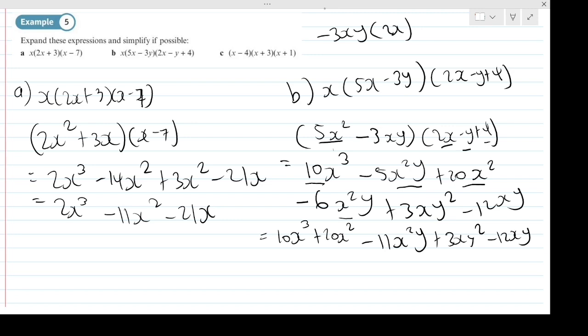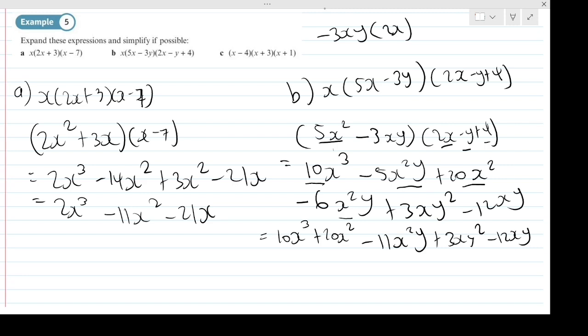I spotted some of it was a bit off because I noticed the highest power I should be getting for x is x cubed. Because I have an x squared times the highest power of each bracket, x squared and x, right? That should give me x cubed, but I didn't have an x cubed, so I looked back up my working and indeed I misread something. So there we are. So that should be the full expansion.